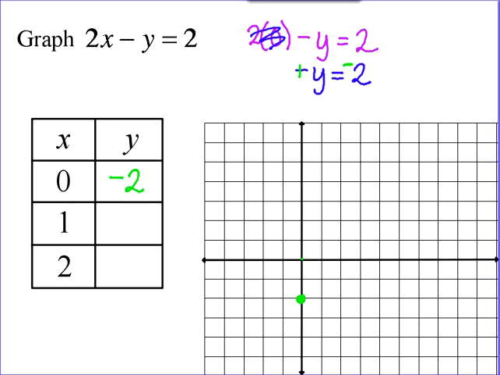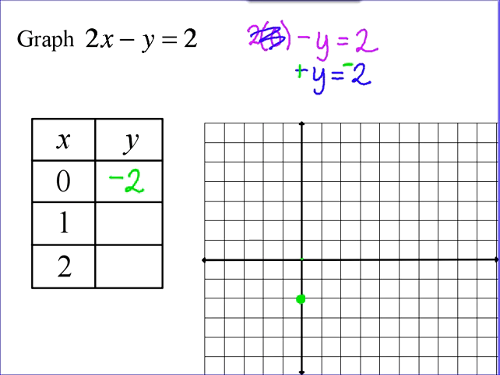I have a question on the homework. But x is 1, so it'd be 2 minus y. So I need you to find the 1 and the 2.